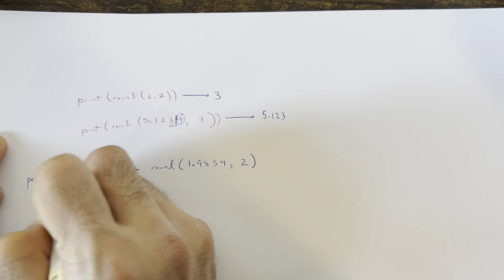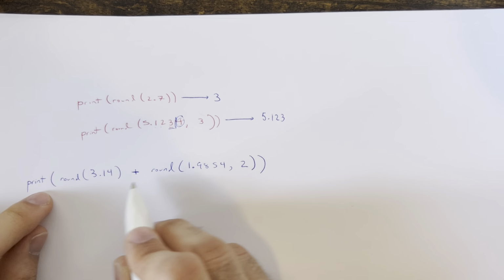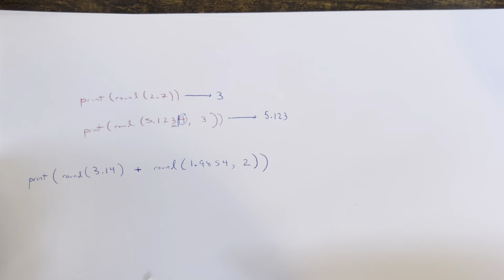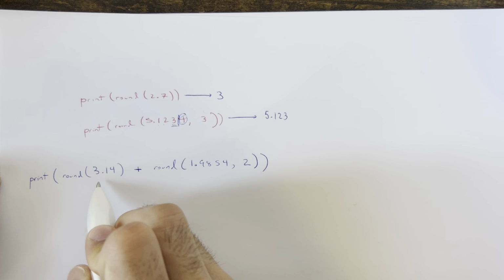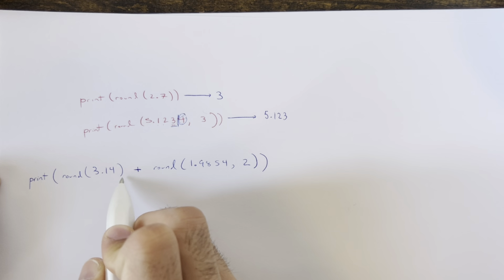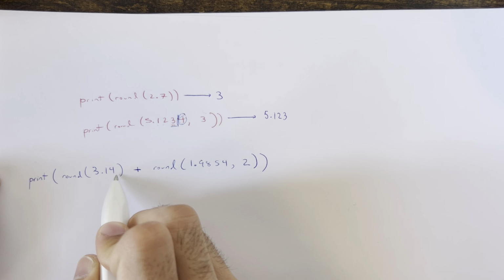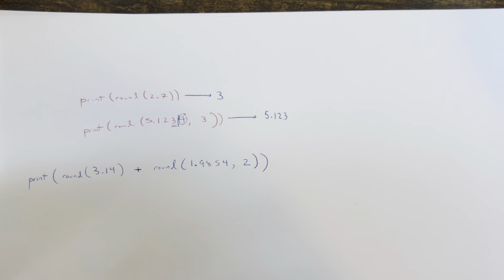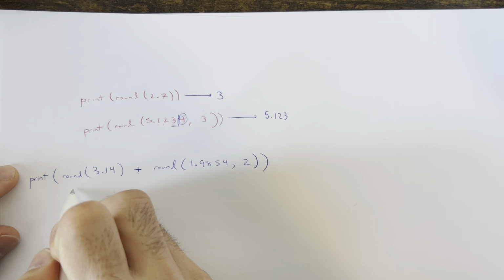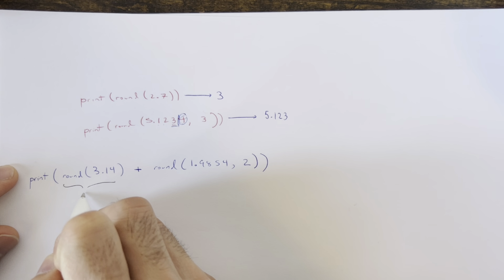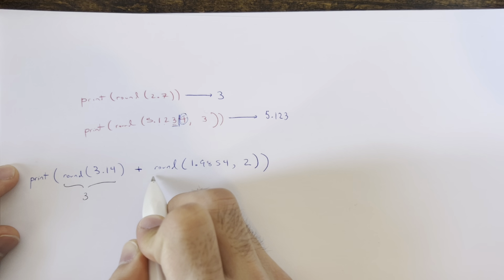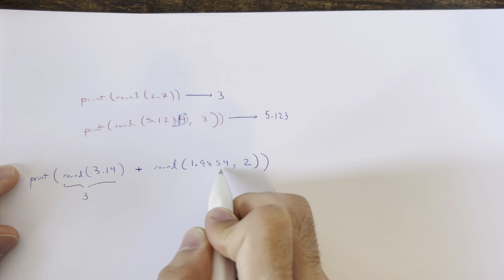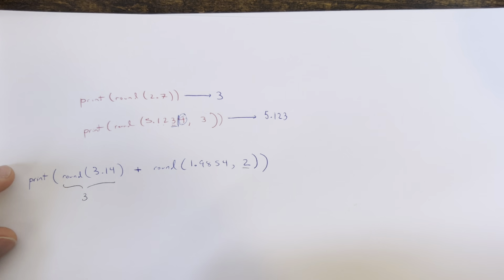So what gets printed when we do this? Let's think about that. So 3.14, when we round it, what happens? There's no n digit that we're rounding it to, so this will become 3. And we have 1.9854. We're rounding it to the second digit.